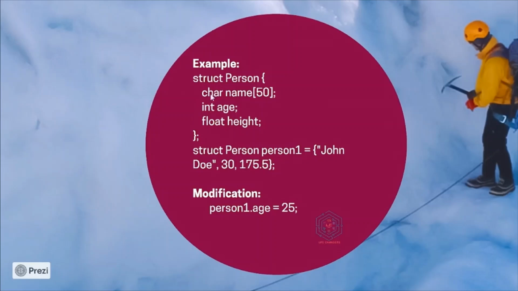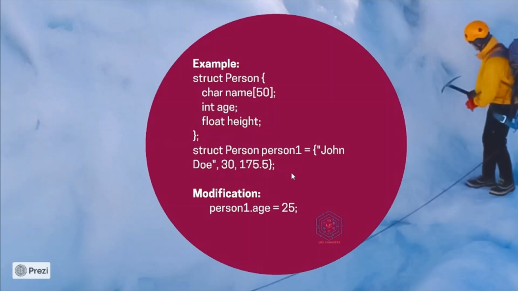That is, using the structure person, we are creating a variable person1. Inside of that, what are person1's values? John Doe is the name, his age is 30, and his height is 175.5. This is how we can store data values in the structure.